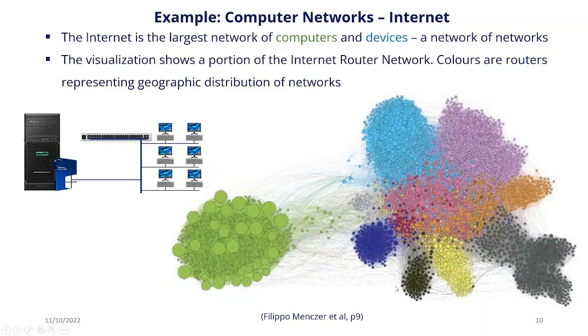You can see the dense connectivity, and this again is from the book of Filippo Menczer. By looking at this page, we can already see the difference between the World Wide Web and the internet. While the World Wide Web deals with the information, the internet actually deals with the hardware that stores the information.